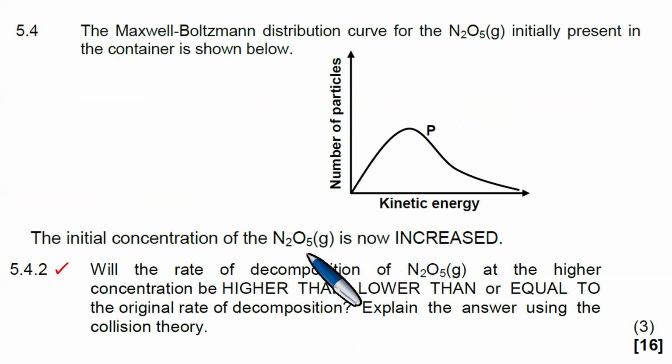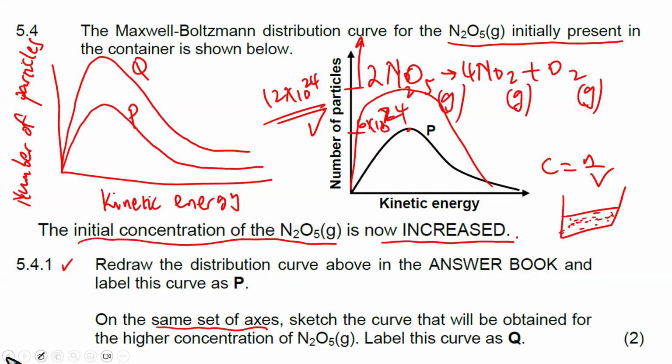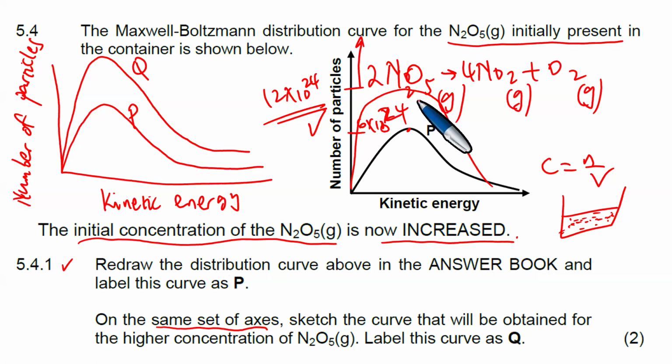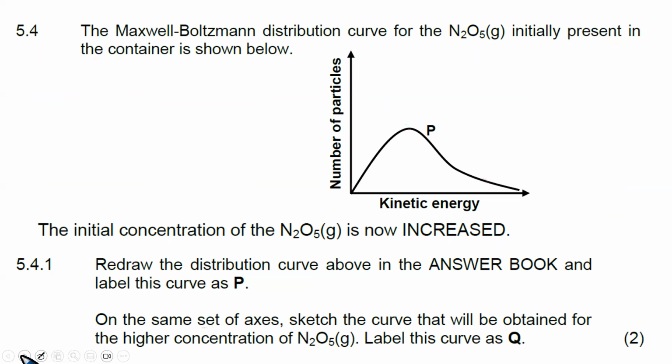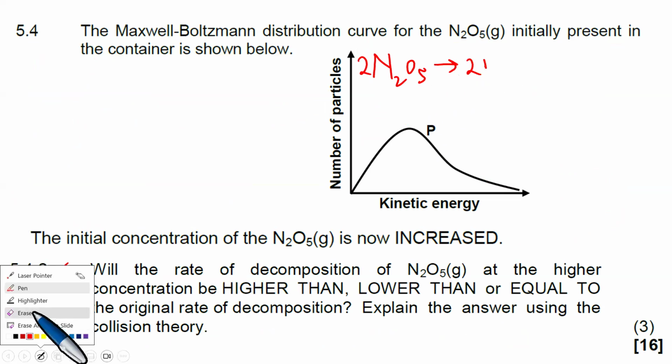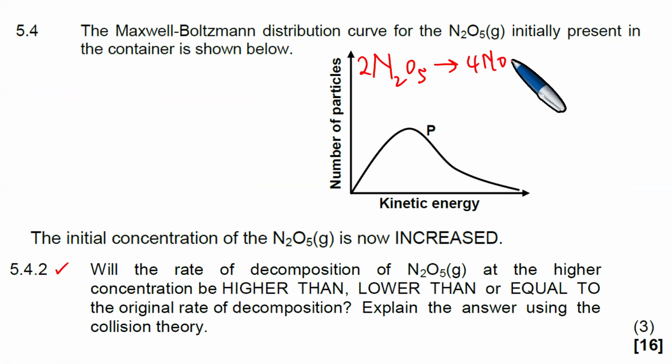Question 5.4.2. The initial concentration of N2O5 is now increased. The reaction is 2N2O5 gives 4NO2 and O2, all in the gaseous state.